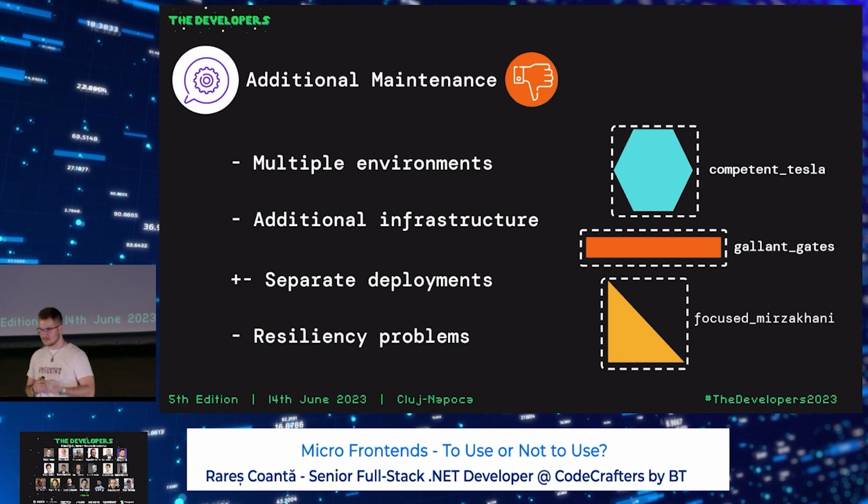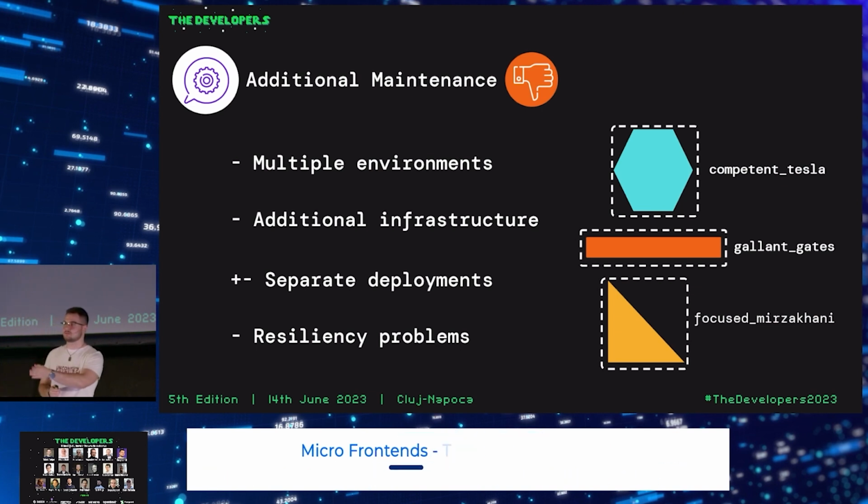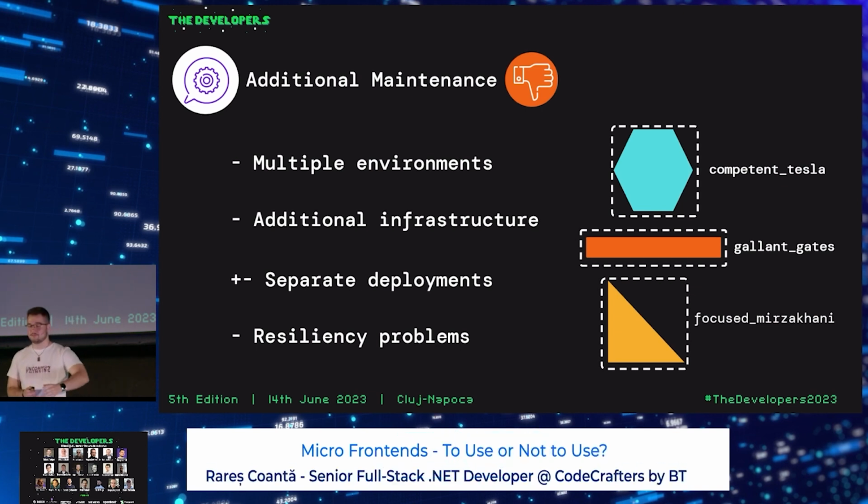Again, we have to keep it in mind, but this actually leads to another problem, a resiliency problem, because now you don't have one failure point where the internet says, no, you can't get to this URL. Now you have 9 of them, 8 of them, whatever many of them you have. And this just keeps adding up, and it grows exponentially. So this is the real problem of additional maintenance.